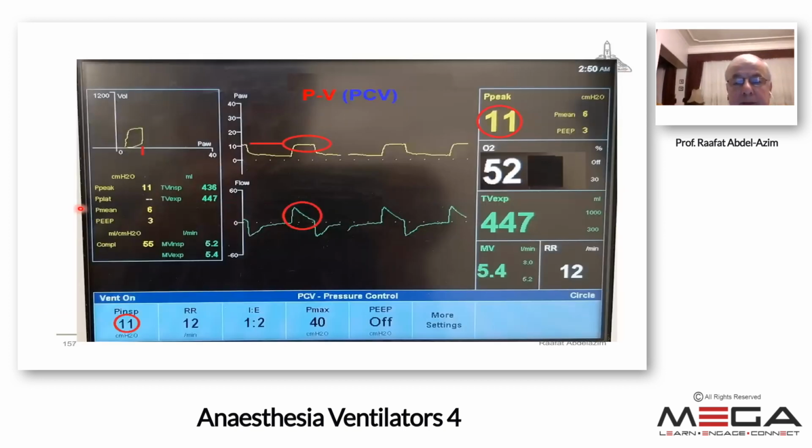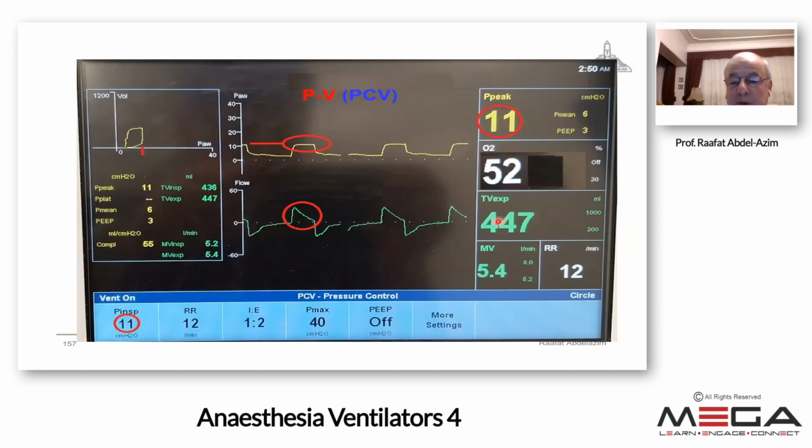Regarding the pressure volume loop during pressure controlled ventilation, you see the pressure scalar of constant pressure here, or the preset value of pressure, or the pressure set. Here, we set the pressure at 11 centimeter water. We set it there to have this tidal volume.